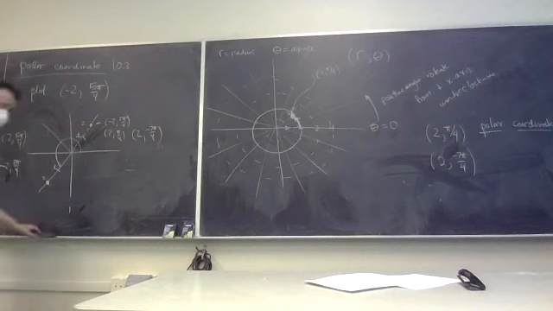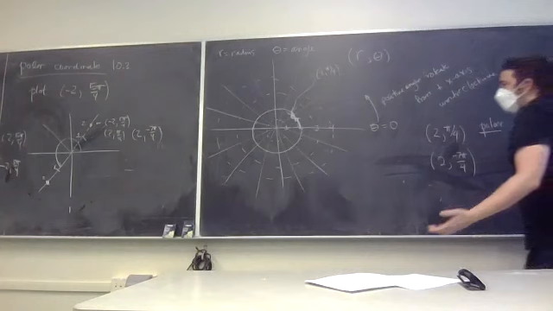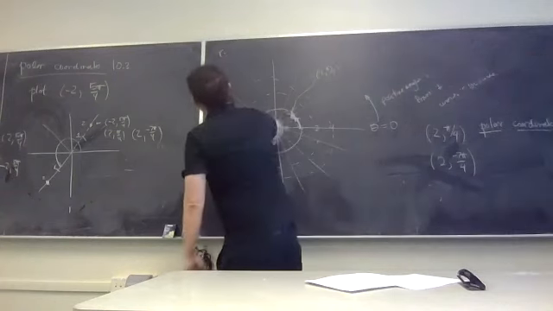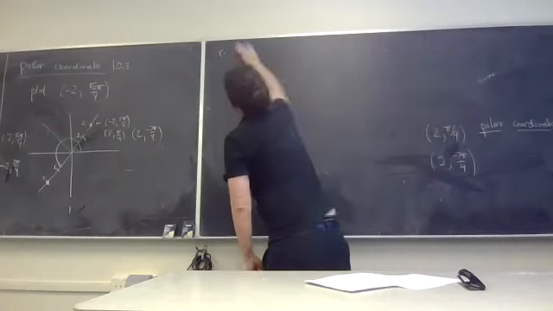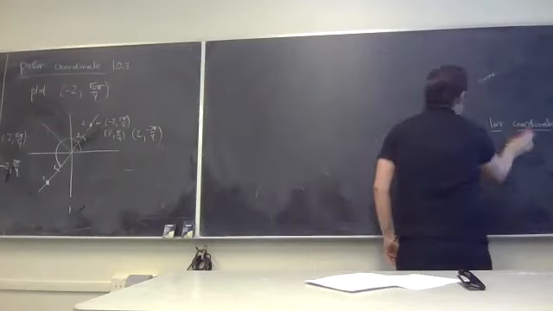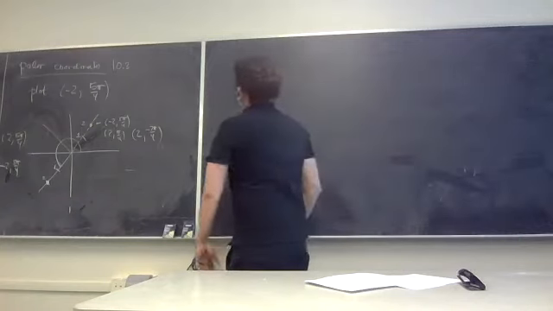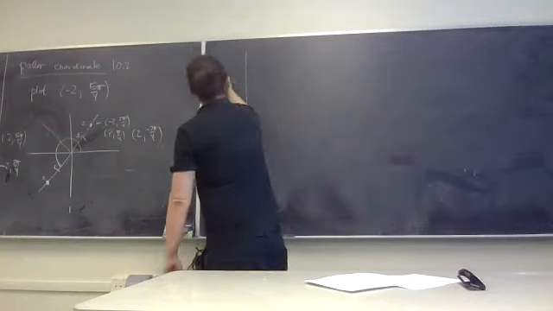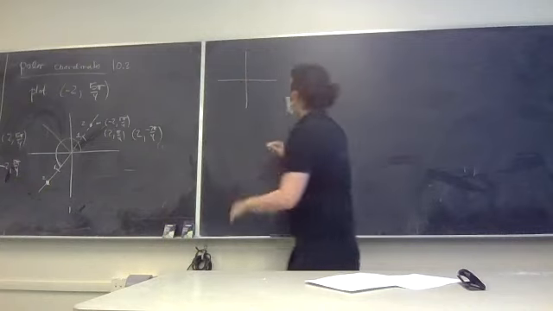Okay. So you might say, well, what can we do with it that we can't do with regular old Cartesian coordinates? So the first thing is, we can think of functions. So what we're going to do is define functions.